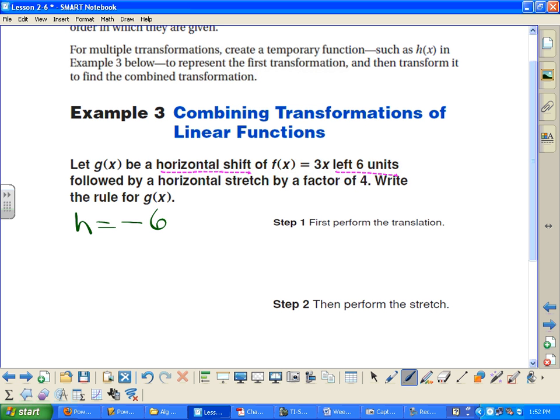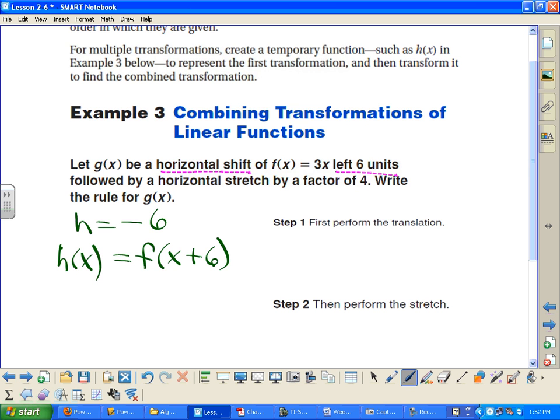So that means we're going to find the function h of x. Okay, so don't confuse. These are not the same. Okay, this is just the first translation. H of x is a horizontal shift to the left 6. That means we're going to take f of x plus 6. Okay.